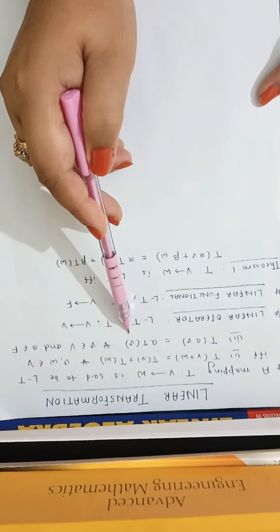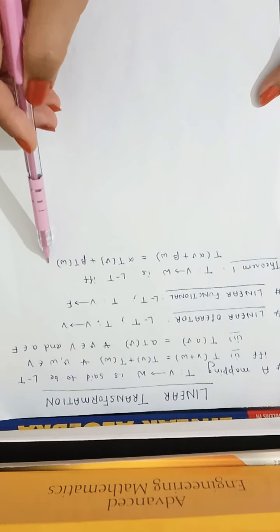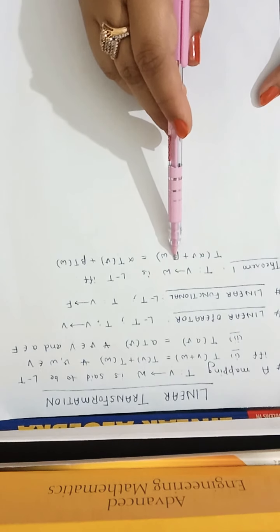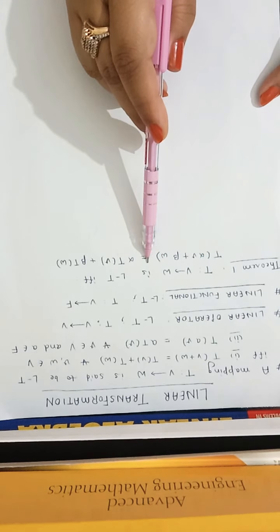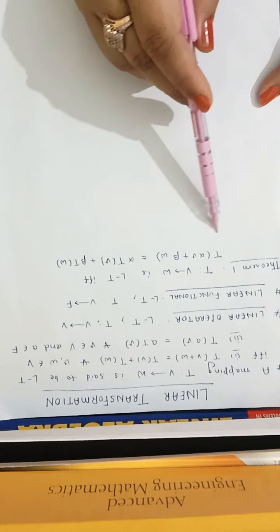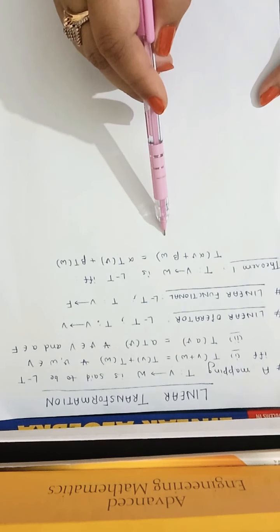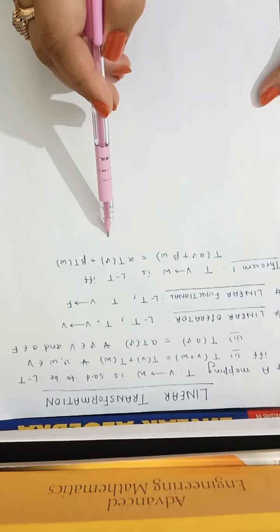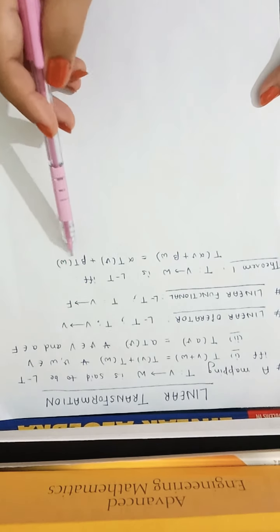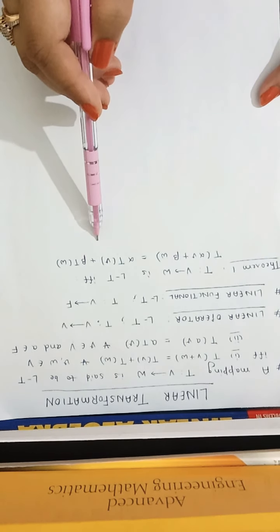As we had discussed, any linear mapping T is said to be a linear transformation if it satisfies two properties. We had already discussed the proof of the theorem, which is very important: any mapping T from vector space V to vector space W is a linear transformation if and only if T of alpha V plus beta W gives you alpha of TV plus beta of TW, where TV and TW are elements of the range, and alpha and beta are any scalars.